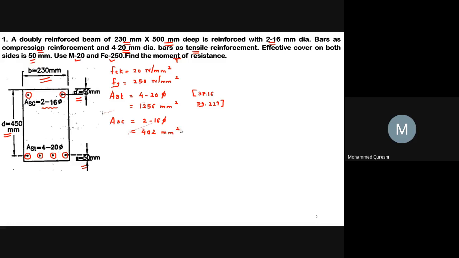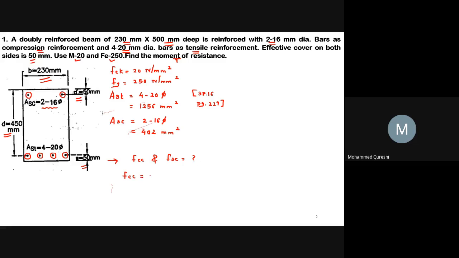So the area of reinforcement in the tension zone and compression zone has been calculated as given in the statement. Now we have to find the value of fcc and fsc. For this value, we use SP16 page 13.